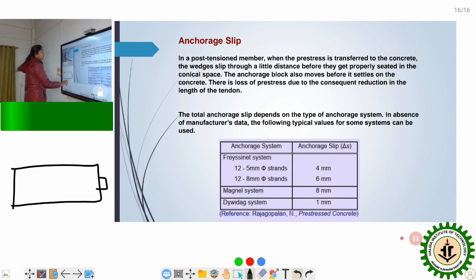When the hydraulic jack is removed, the wedges where the tendons are connected normally slip because of the pre-stressing force. Due to the slip of the wedges, the tendons slip, which gives a slip in the anchorage and a reduction in the strain in the pre-stressing steel. That reduction in strain gives you the loss of pre-stress due to anchorage slip. So there is a loss of pre-stress due to the consequent reduction in the length of the tendons.